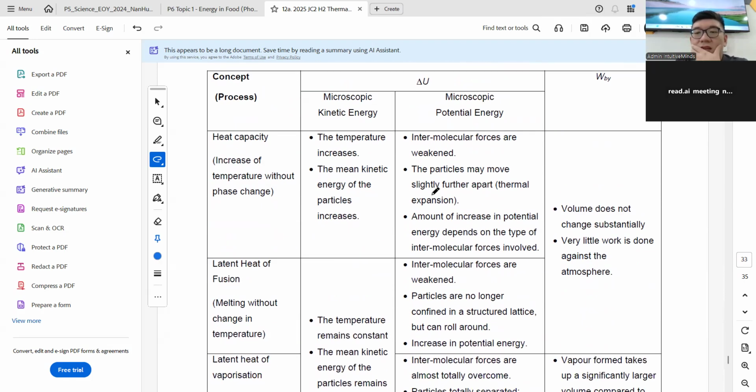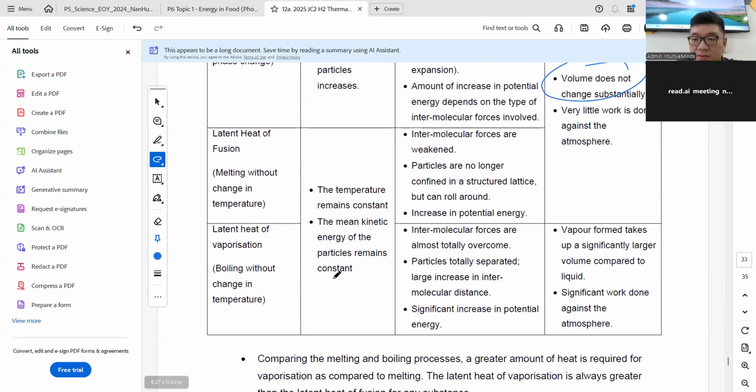Now, if you are not changing to gas, your volume will not change. That's important as well, because there's very little work done against the atmosphere. If you're changing to gas, then this will be different. That's why I talk about it here. There's work done here.